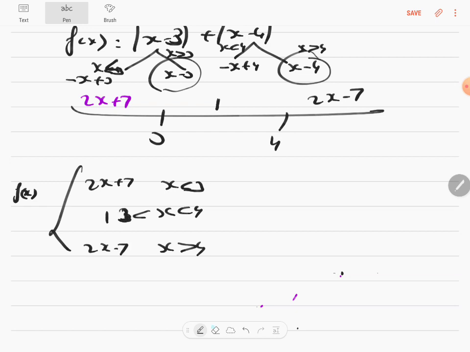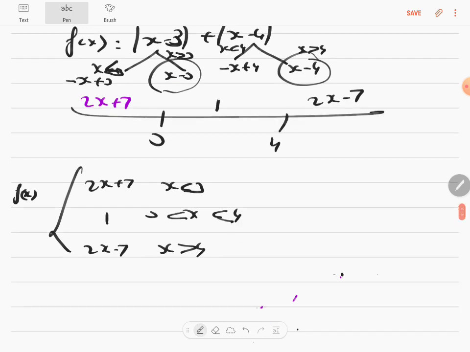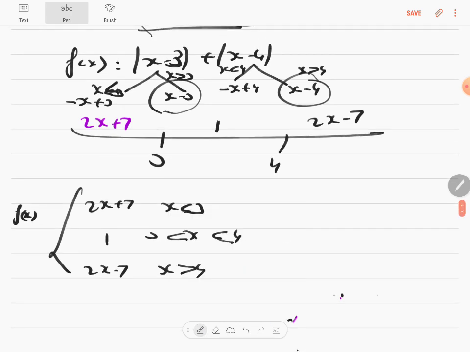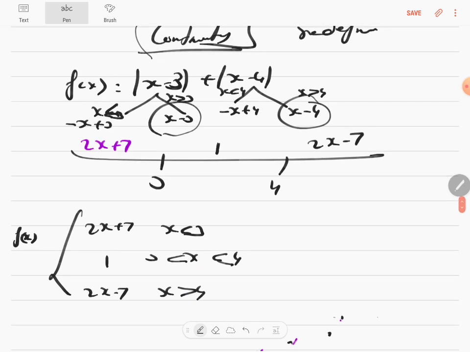And you understand x is lying between 3 and 4. Where to include the inclusive symbol? Somewhere I have to put inclusive also. Supposing you're going to include this 4, you're not supposed to include it here. Supposing you're going to include it here, you're not supposed to include it here. Let's see, what is it when x equals 3?